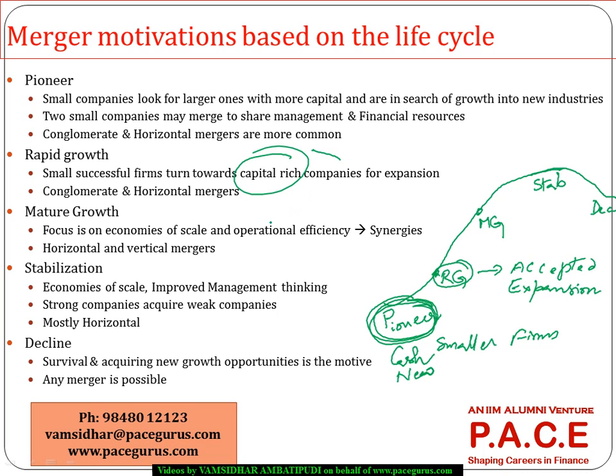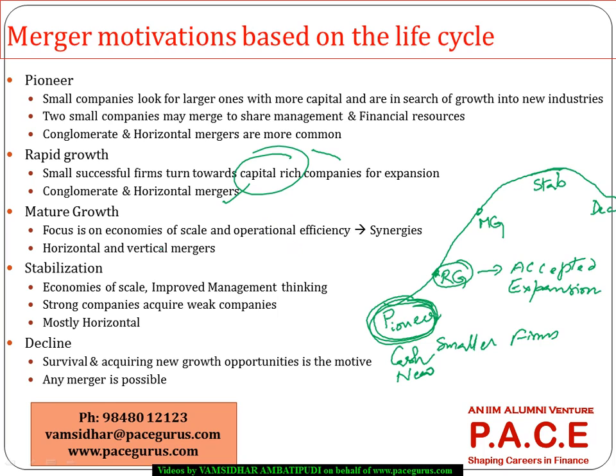Because they require a lot of access to capital, any company which is willing to supply more and more capital for these kind of companies, these small companies can typically surrender themselves to the bigger ones. So conglomerate and horizontal mergers are possible in this case.